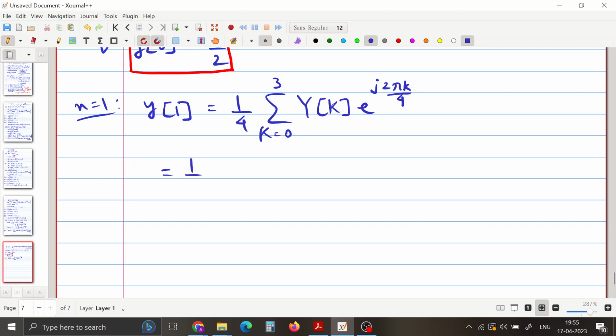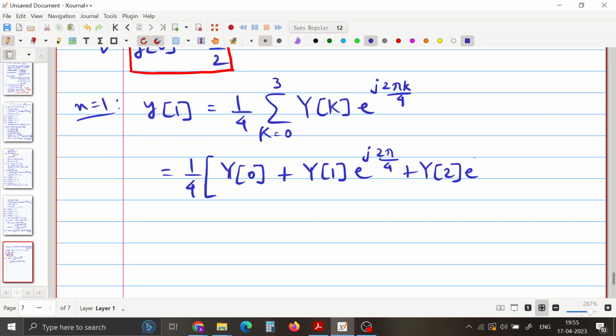So this is equal to 1 by 4 times, first you just expand this, put k equals to 0 first, then k equals to 1, then k equals to 2, then k equals to 3.